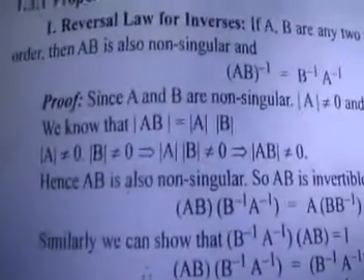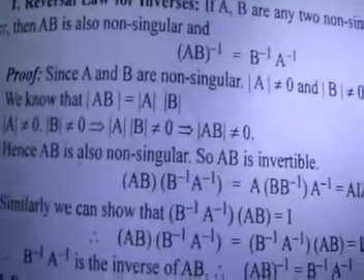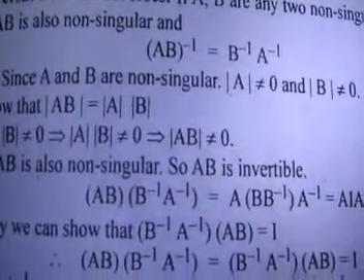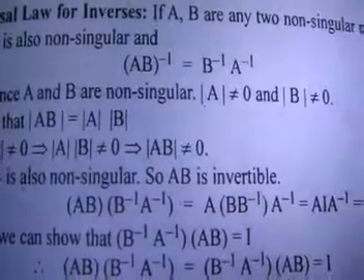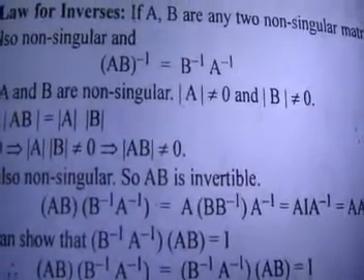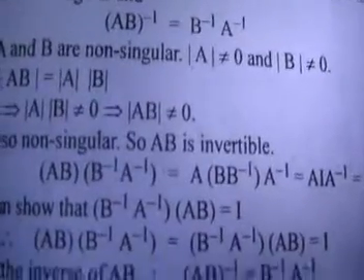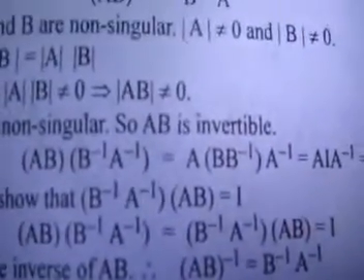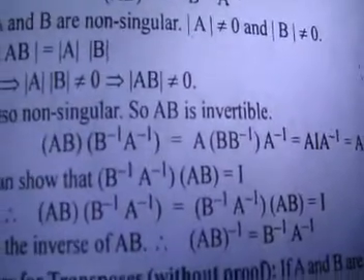Similarly, we can show that B inverse A inverse into AB equals identity. Same method, okay. Having B inverse and then clubbing together the central piece, A inverse and A, and since A and A inverse is identity, B inverse into B is also identity.